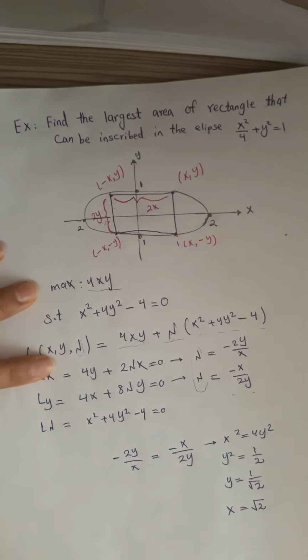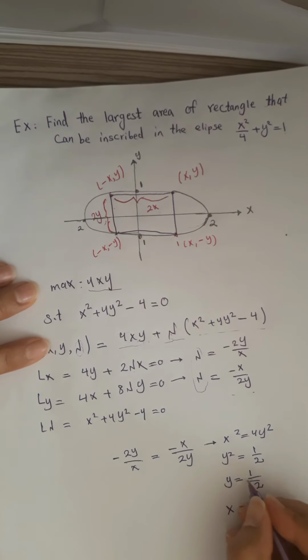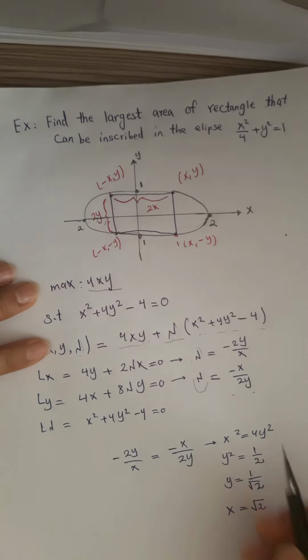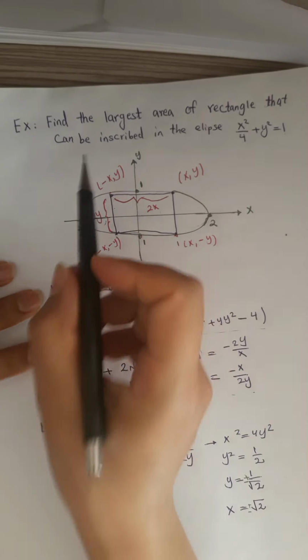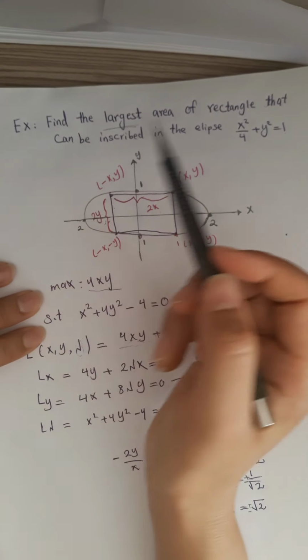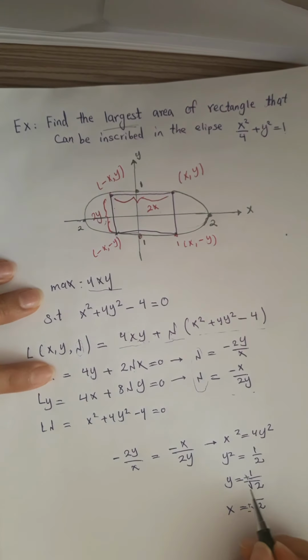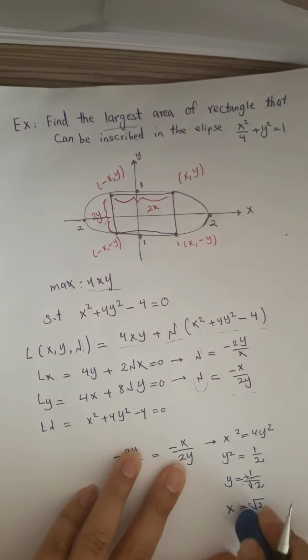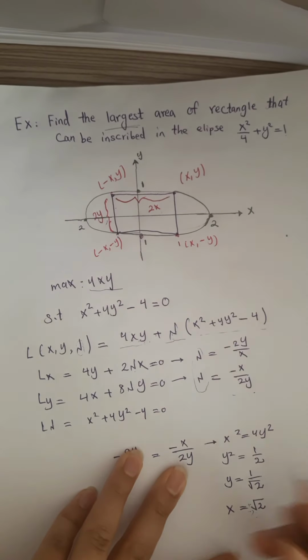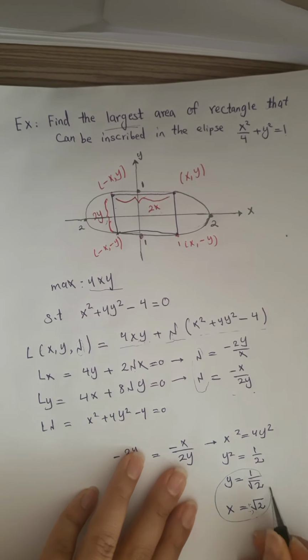In general it will be positive and negative, but because they just ask for the largest value, the largest is the positive values, so I cancel those negative values. I will not take them, and I will just take these positive values.